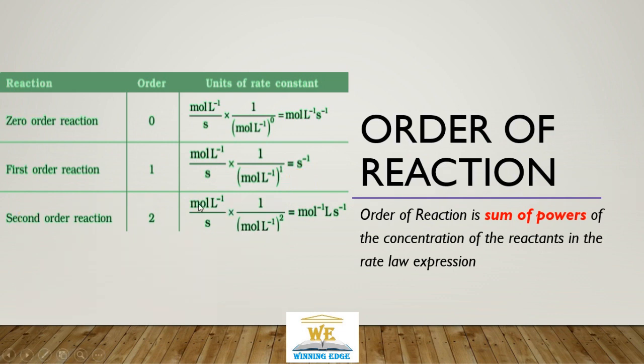For second order, mole per liter per second divided by concentration squared gives per mole liter per second. The same goes for third order, it will be per mole square liter square per second. That's how the reaction orders can go further as well, third order, fourth order, and so on.